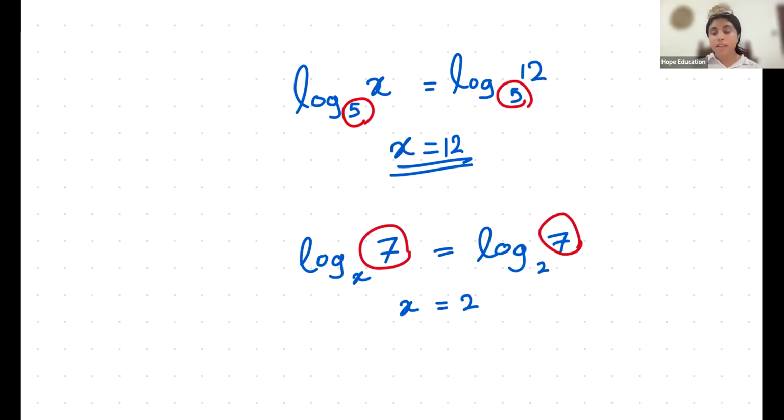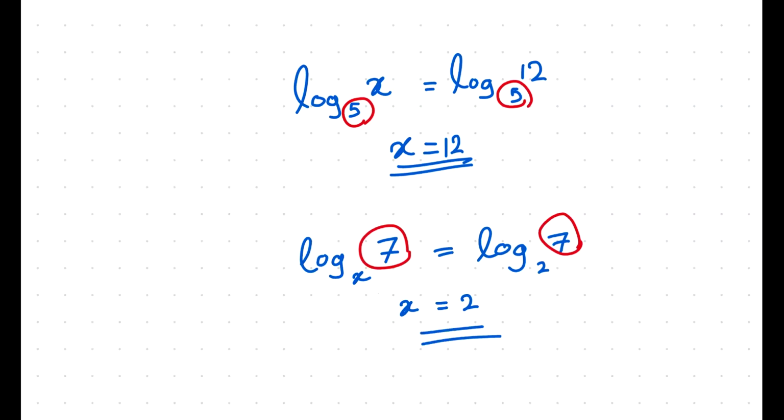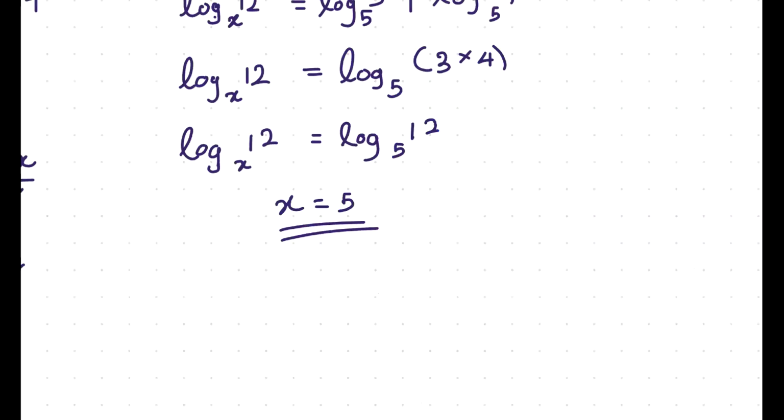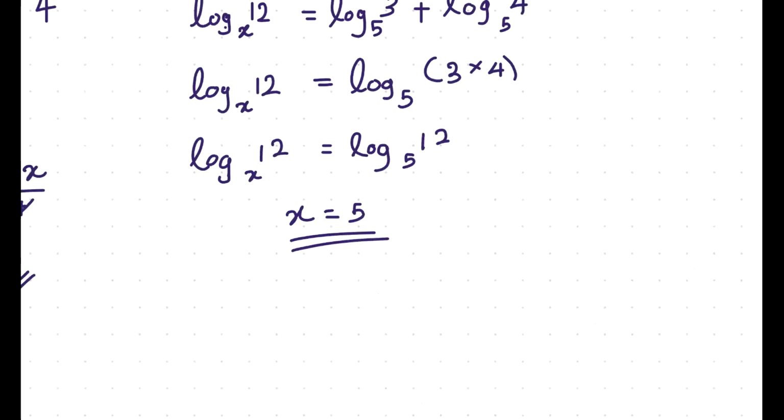The base automatically becomes equal if the number is equal. If the base is equal, the number automatically becomes equal. That is how it's done. So here also, since the number is 12 on both occasions, the base automatically becomes equal. X is equal to 5. Is it clear, children? Give me a thumbs up, please.